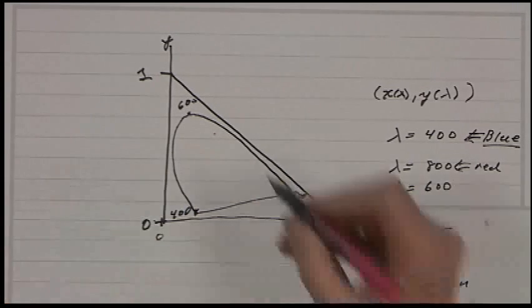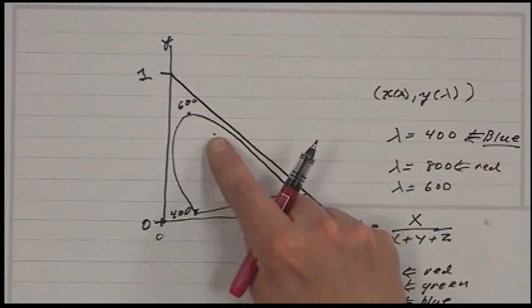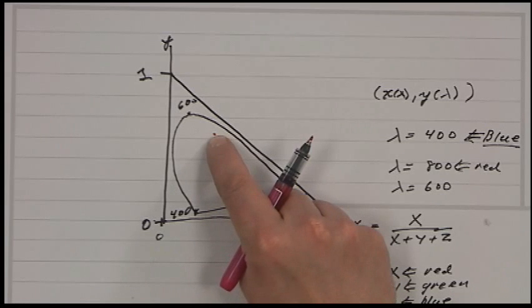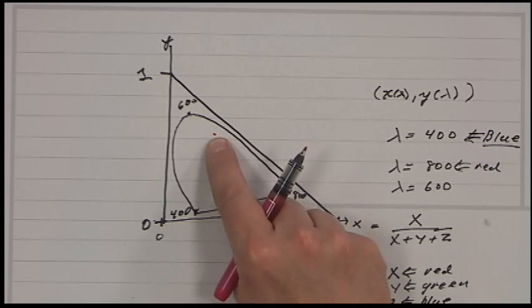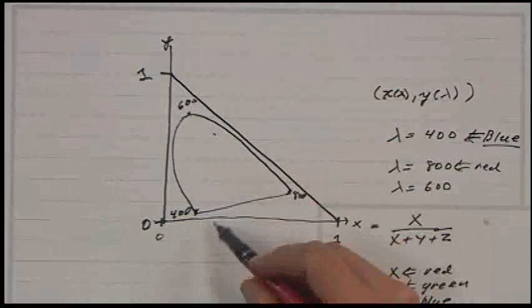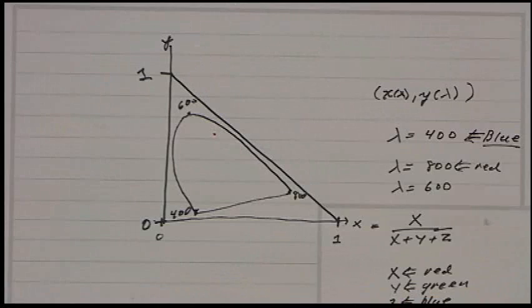But coming back to the original question, I want to reproduce that color. I know there's many colors that correspond to that chromaticity, but I want to reproduce a color with that chromaticity. How do I go about doing it? What I'm going to do is, this is like a mathematical proof.